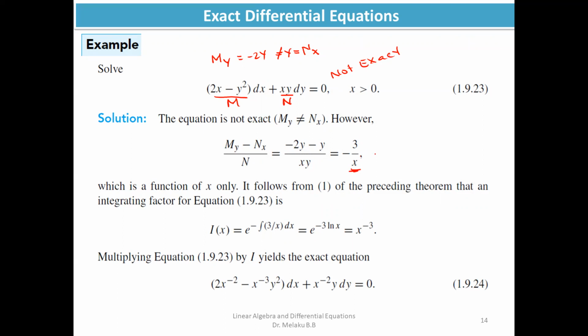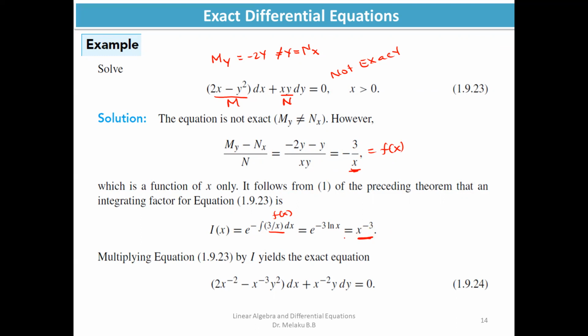Therefore, the integrating factor will depend only on x, and this is treated as our f of x, and accordingly our integrating factor is e raised to the integral of f of x. Our f of x is minus 3 over x, that's why we have minus here, and this will be x to the power of minus 3, or we can say 1 over x cubed.